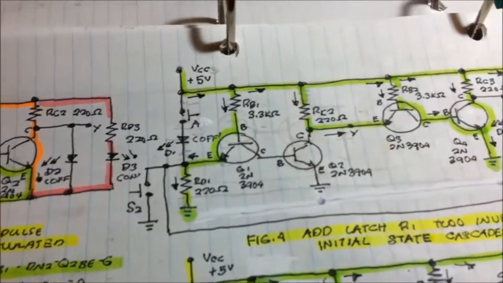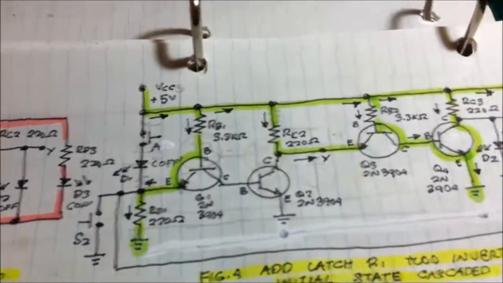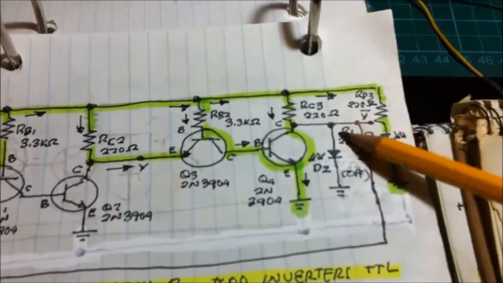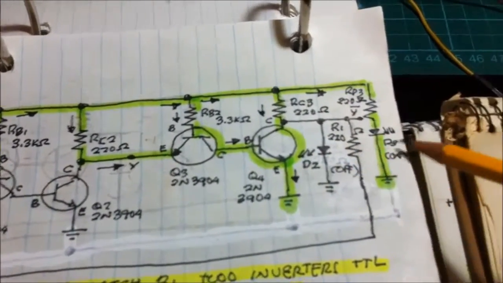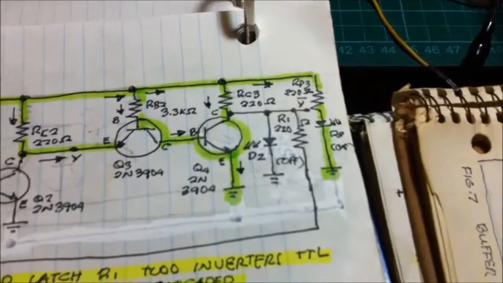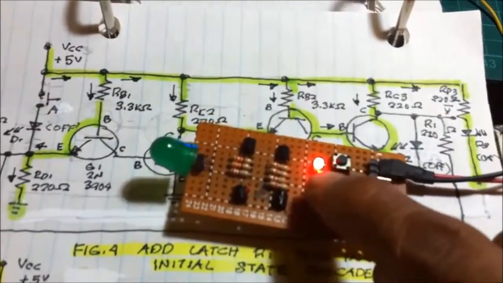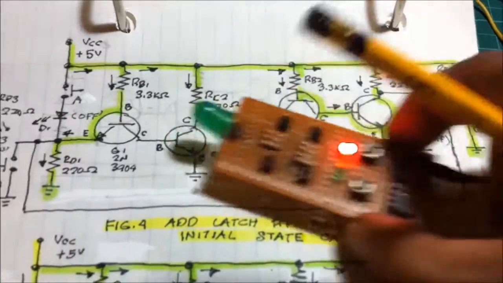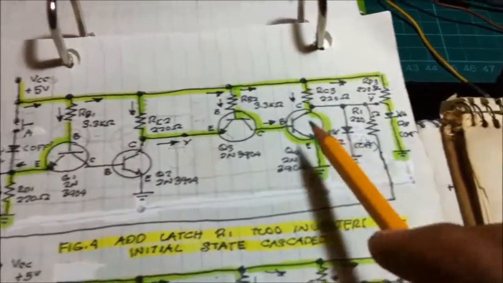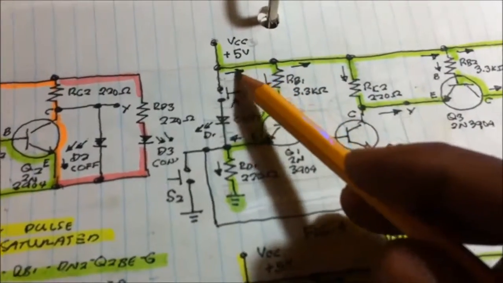This is now the initial state of the circuit. The current flows. There is no output. What we have here is the power LED on. We only have this power LED on, and the current flows like this.